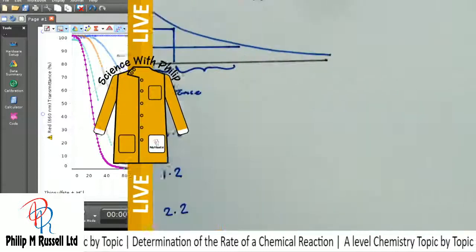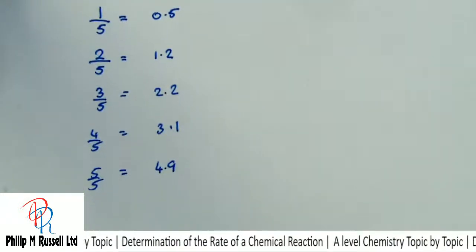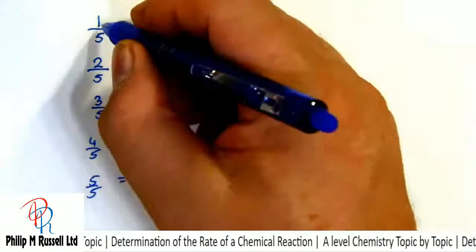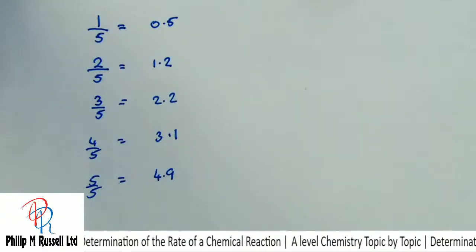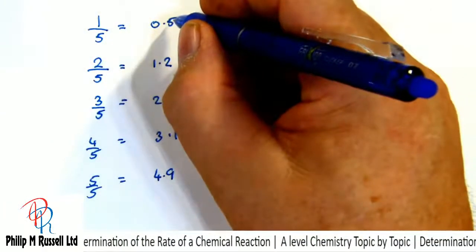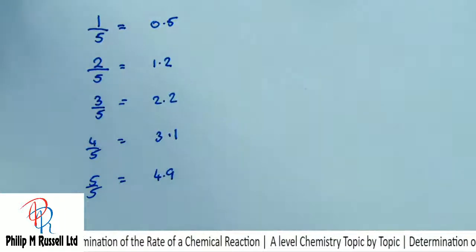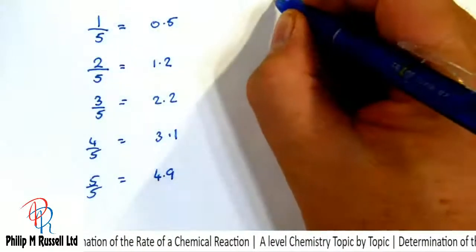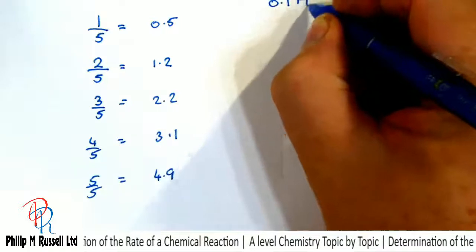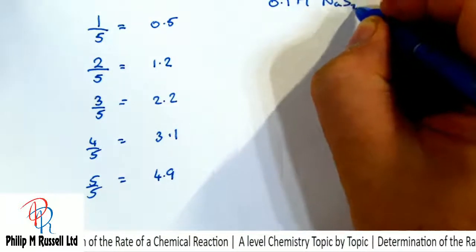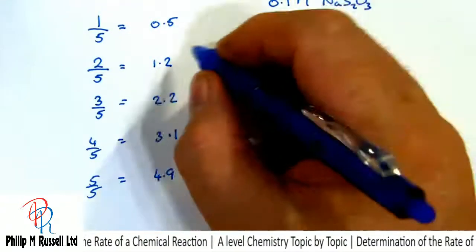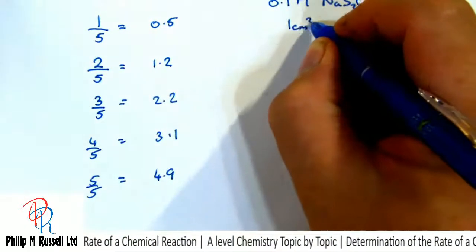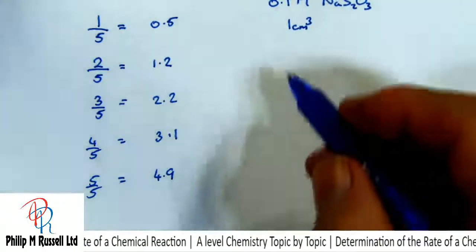So this is measuring my rates of my reaction. I've got here a feeling for my concentration. It's not measured exactly. I could work it out exactly because I do know that I've got 0.1 molar sodium thiosulfate, and I've got of that 1 centimeter cubed, 2, 3, 4 and 5.